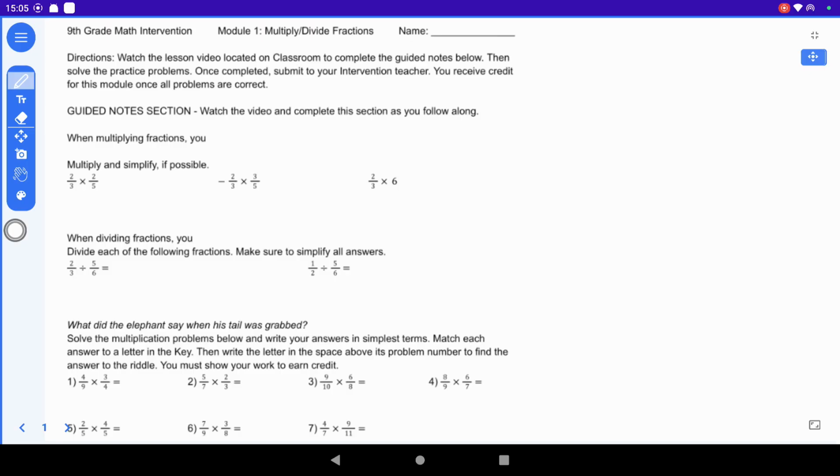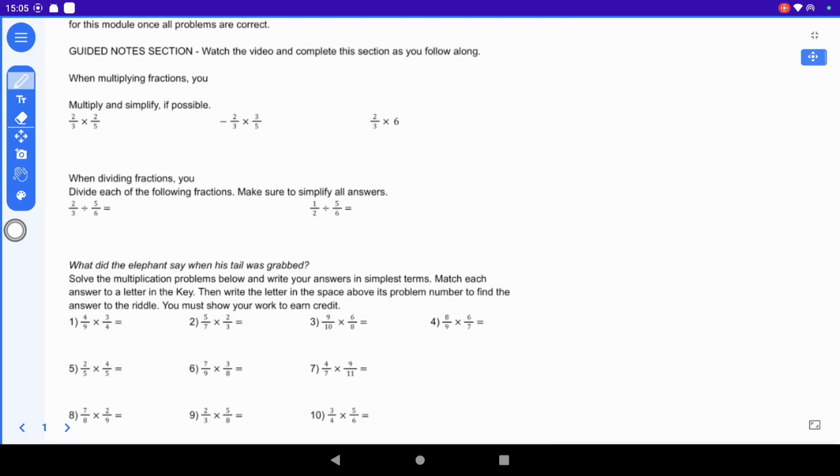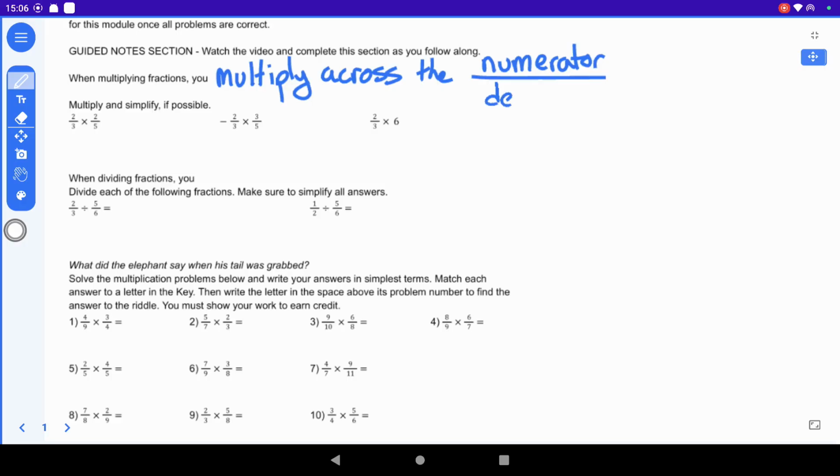So as it says here, when we multiply fractions, we are going to multiply across the top and across the bottom. And then the top we call the numerator and the bottom we call the denominator.